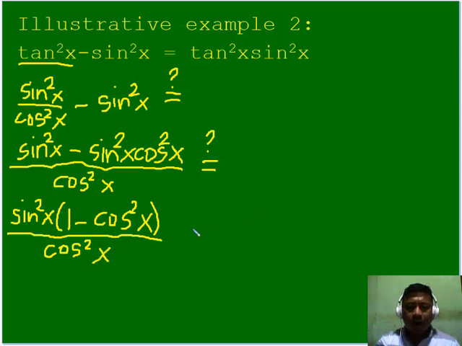Again, we're going to place here a question mark. Consider sine squared x times 1 minus cosine squared x over cosine squared x.